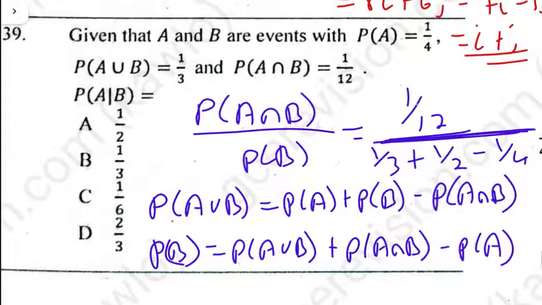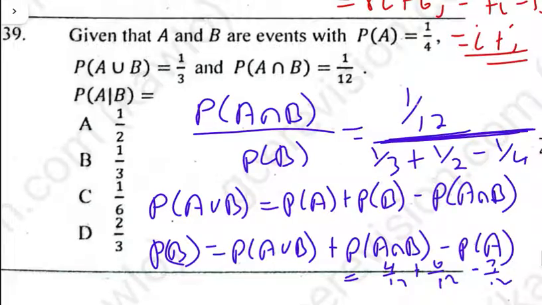So when we simplify this, what will be the result? 1 on 3, right? Good. So this is going to be 1 on 3 because here we have 1 on 12, and 1 on 3 is the same as 4 on 12, plus 6 on 12, minus 3 on 12.